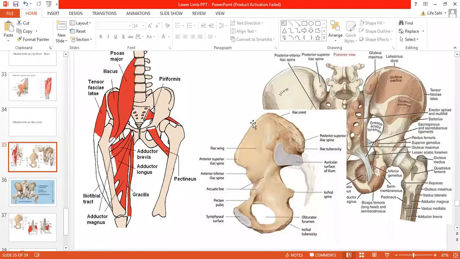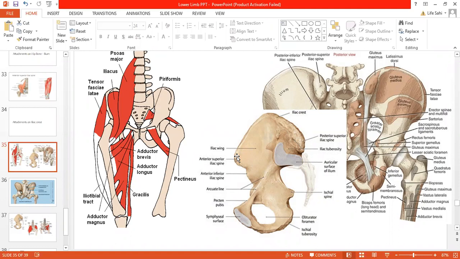So on the inner lip of the iliac crest, ventral 2/3 of the iliac crest, the inner lip provides attachment to, again, an abdominal muscle called transversus abdominis. So there are three main muscles related with the anterior abdominal wall.